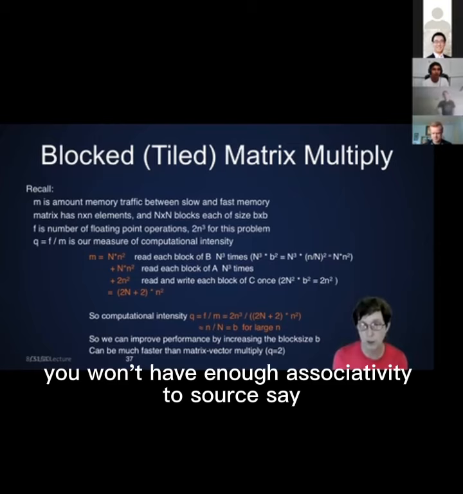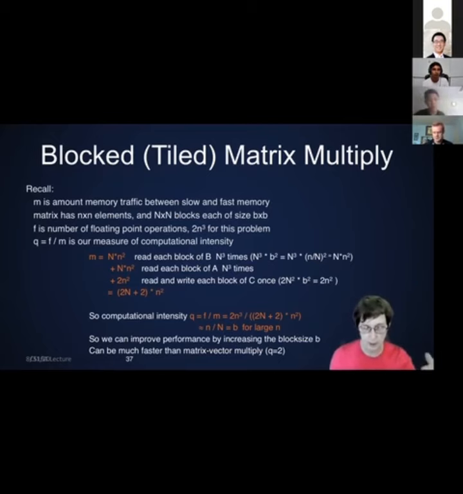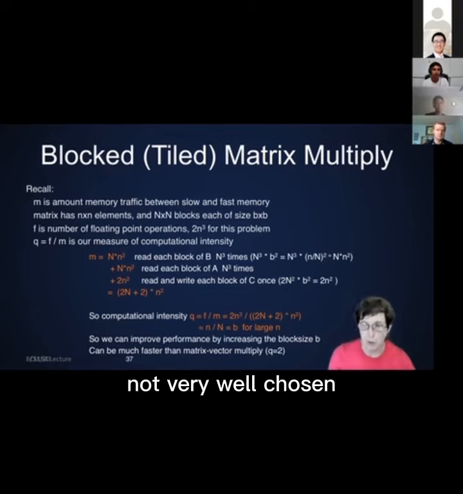You won't have enough associativity to store, say, B columns if the relative locations of those in memory are not very well chosen. So you will look at that.